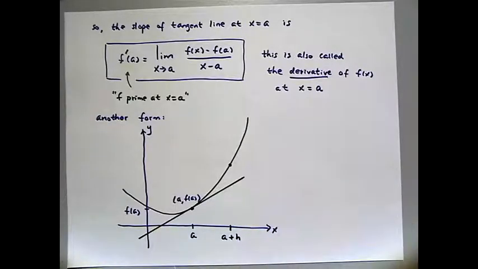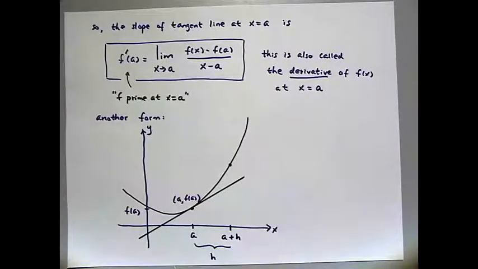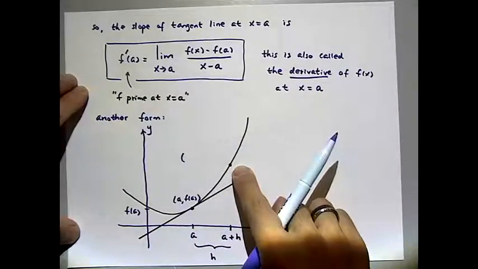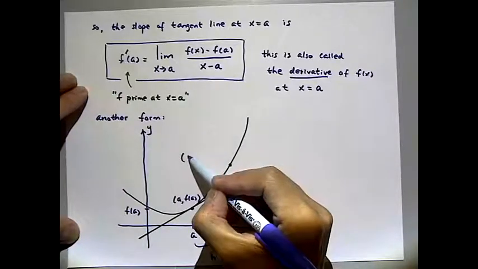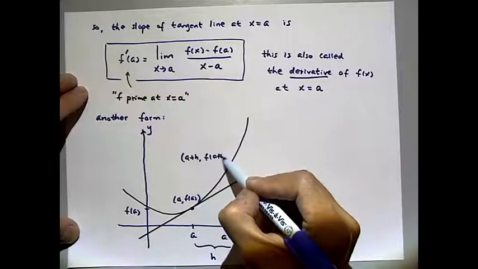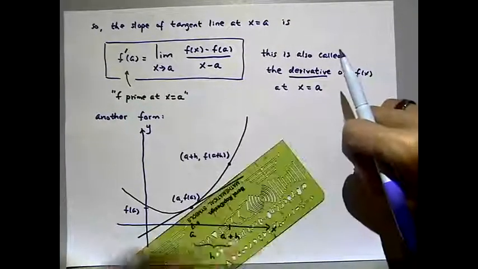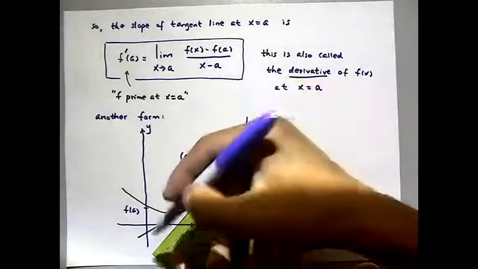H is the distance between the two x values. And the second point in this formulation will look a little bit more complicated. The point will be a plus h, comma, f of a plus h. But what we're doing is still the same.